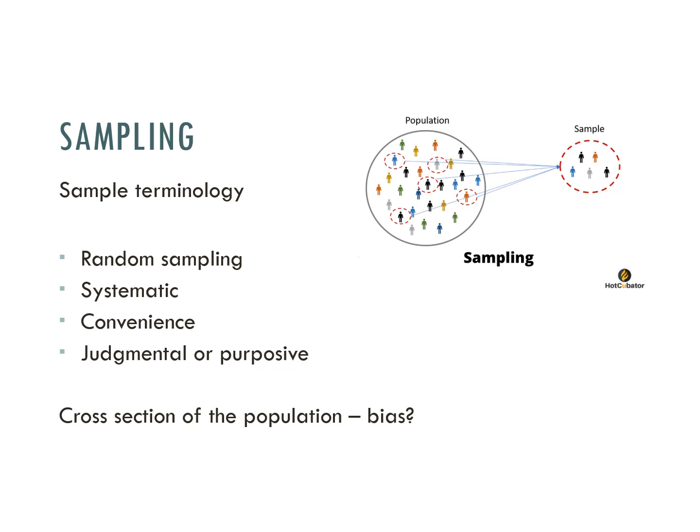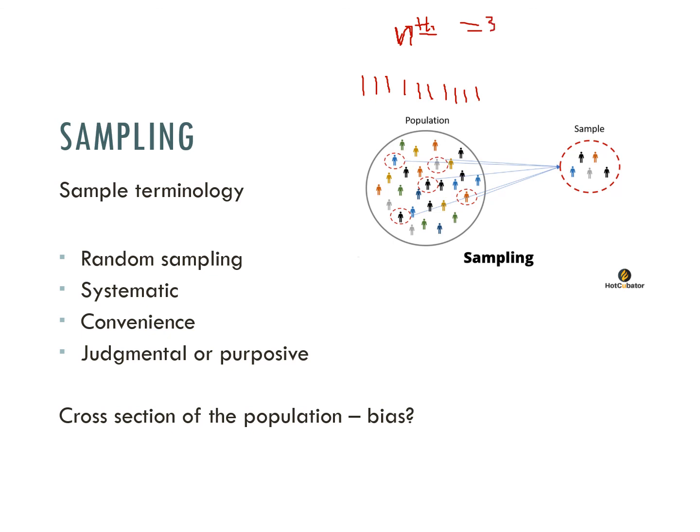And then in systematic sampling, let's say I have my whole population here, and I'm just going to put all of these people in a line. And then I'm going to choose every nth person. N can equal whatever number you choose. So let's say here I want n to equal 3.